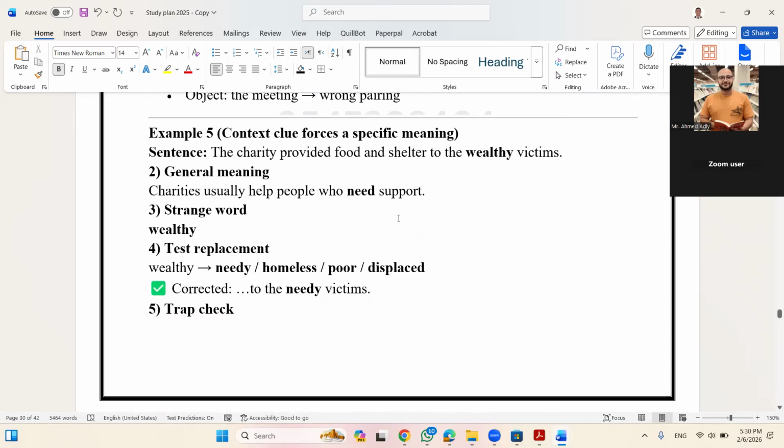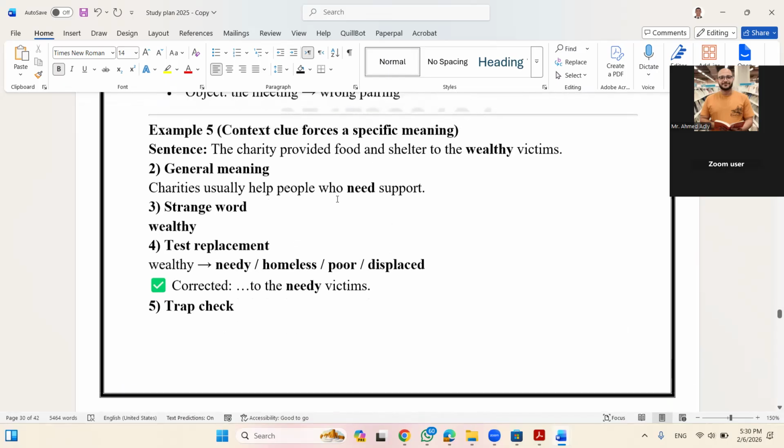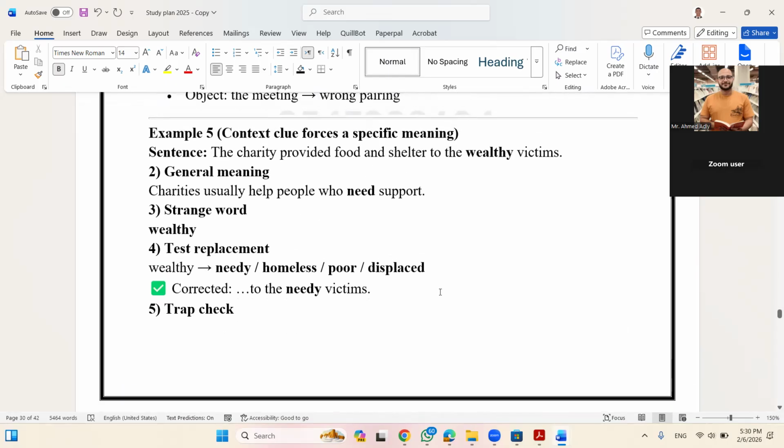Look at this example. The charity provided food and shelter to the wealthy victims. What is it about? It is about a charity that provides food, giving help to people in need. Which word does not fit the context here? Wealthy, because logically, a charity does not help wealthy people. Can you replace it?